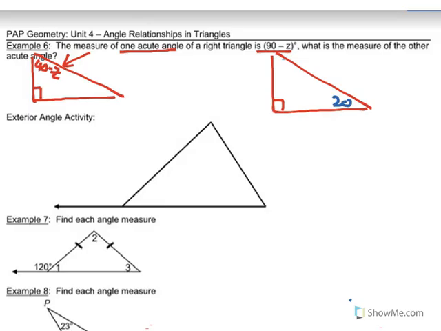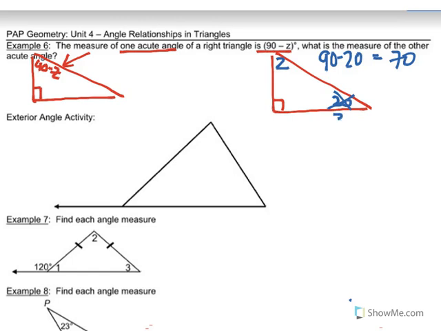So if I wanted to find this angle here, let's call it Z, since we're using Z's. If I want to figure out what Z is, I would have to take 90 minus 20, and I would get 70, right? Because we know they add up to 90, and so we took that and subtracted it.